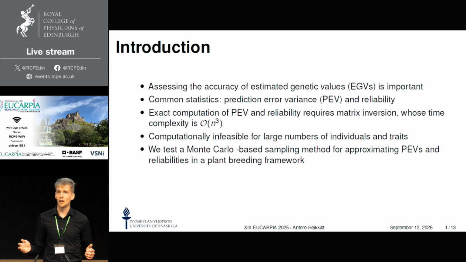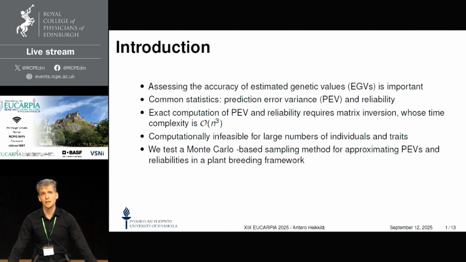However, the exact calculation of PEVs and reliabilities requires a matrix inversion, and the dimension of this matrix scales directly with the number of individuals and traits. So, as the number of individuals and traits becomes very large, this becomes computationally infeasible. That's why we have tested a Monte Carlo sampling-based method to approximate these exact reliabilities and PEVs.